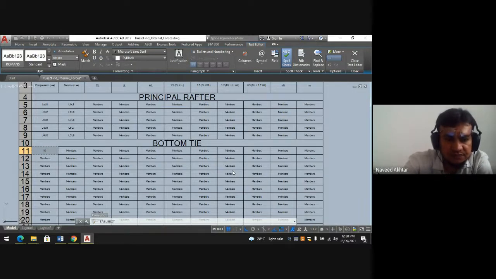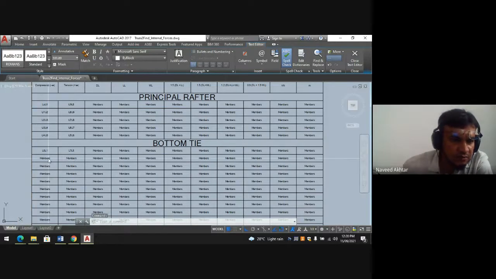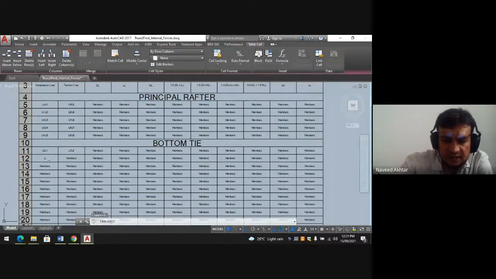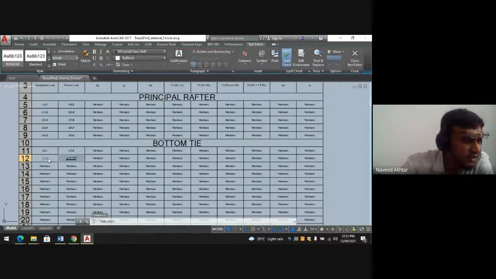L0 L1 is equal to L7 L8. Similarly, in bottom tie, L1 L2 is same as L6 L7.